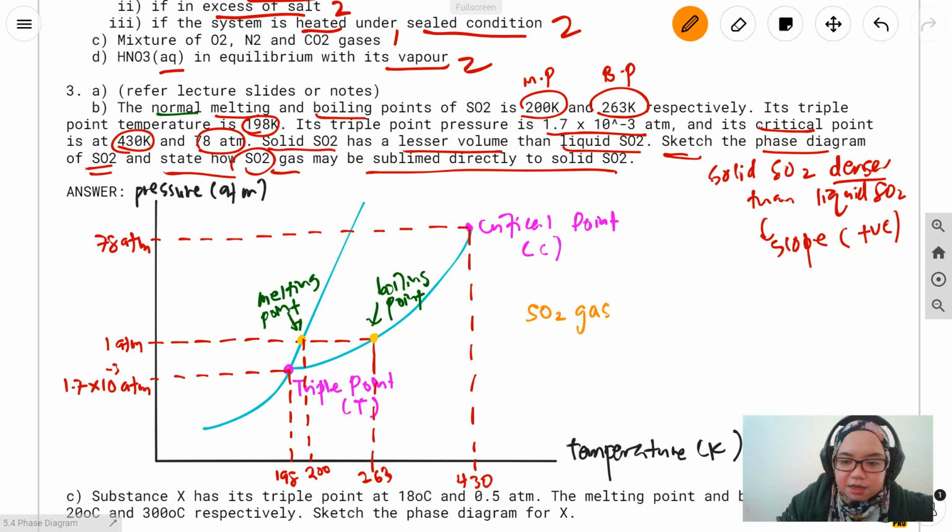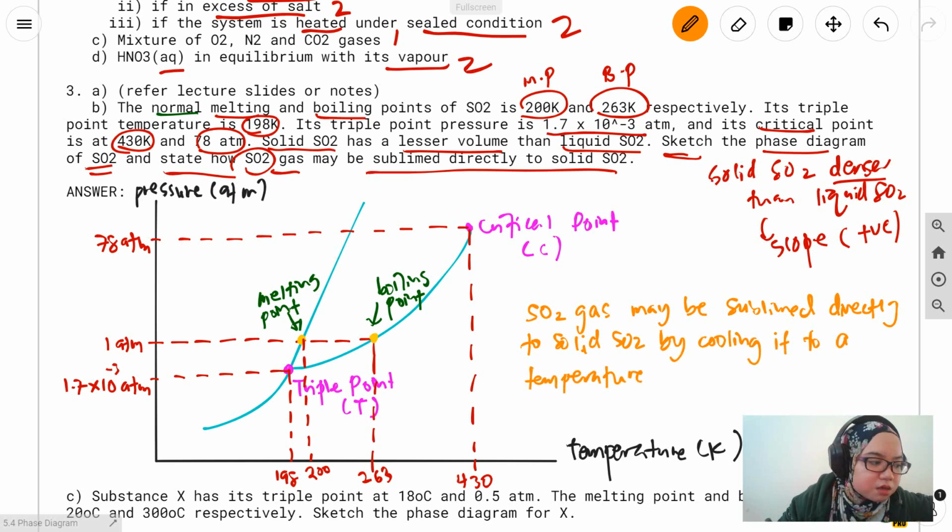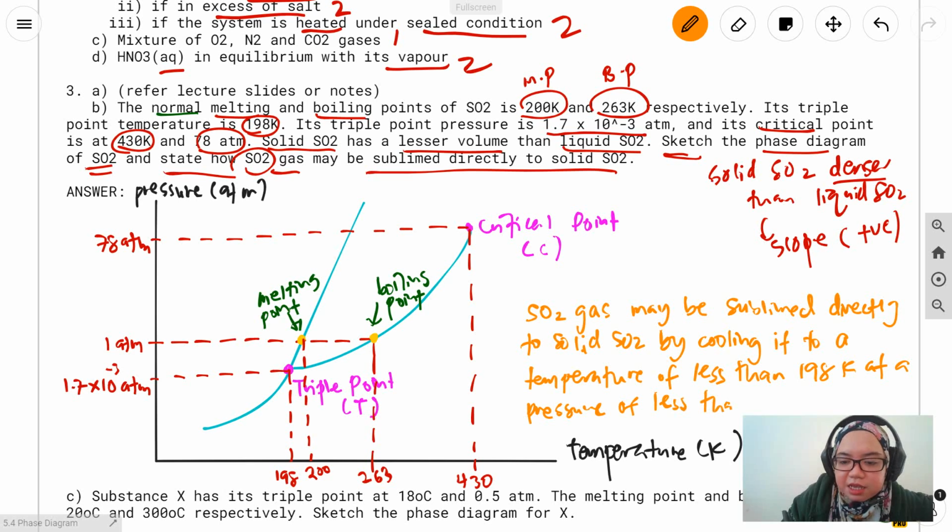So, dekat sini awak boleh cakap, SO2 gas may be sublimed directly to solid sulfur dioxide by cooling it to a temperature of less than 198 Kelvin at a pressure of less than 1.7 times 10 negative 3 atm.